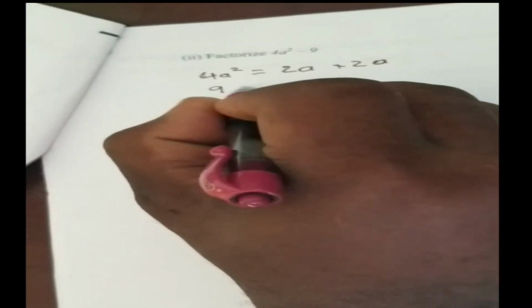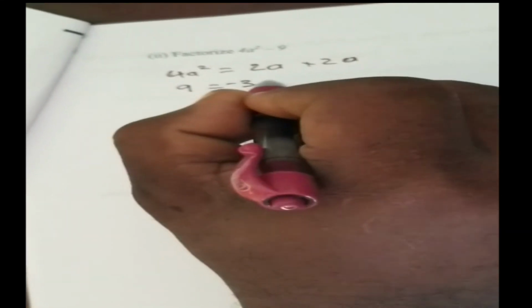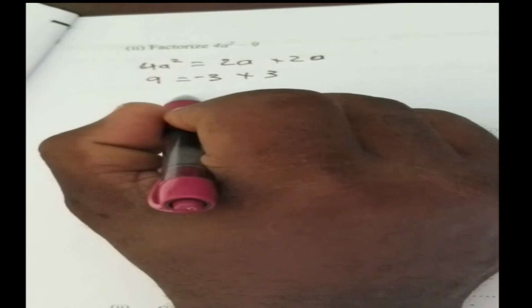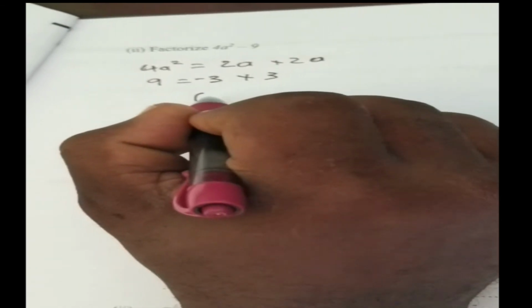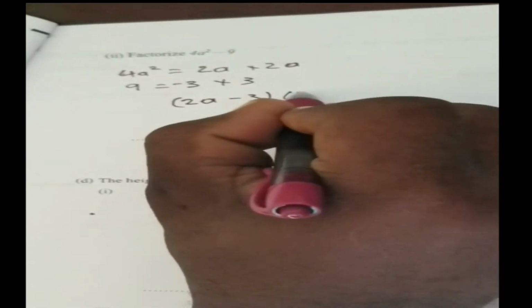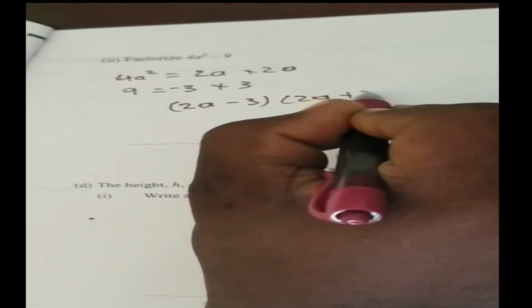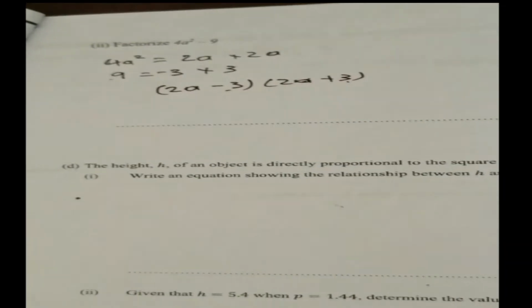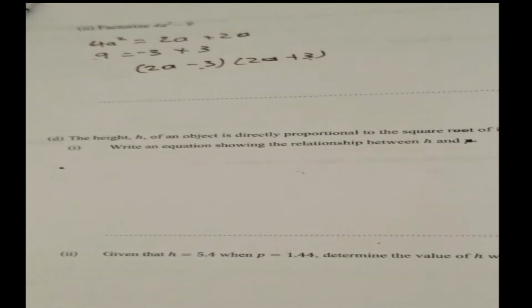And for 9, we can say negative 3 times negative 3, and that will give us 9. So with that said, the difference of two squares would be equal to (2a minus 3)(2a plus 3), right? 2a times 2a gives us 4a squared, negative 3 times 3 gives us negative 9. And that would be the answer right there.